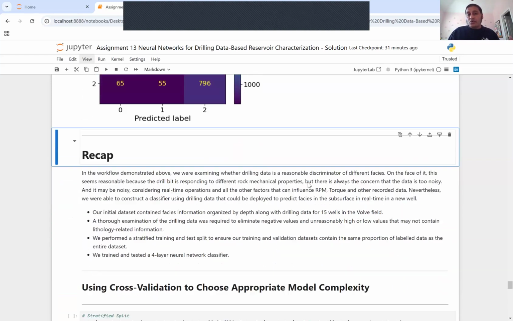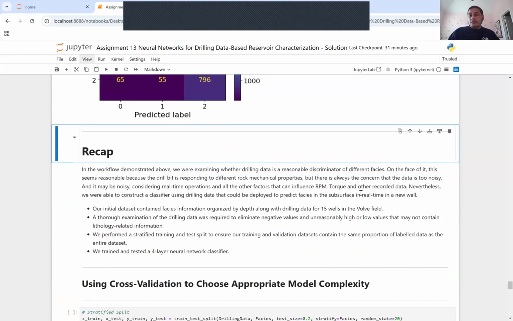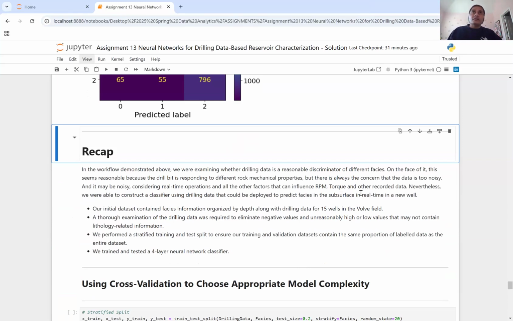So just to recap what we did, we had our data organized by the input features, which consists of my drilling data, and we also had the facies labels corresponding to each data point. And our goal was to construct a classifier that relates the drilling data to these labels. We cleaned up our data set.